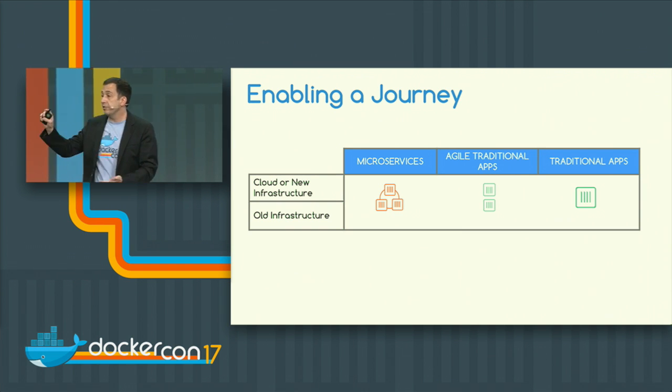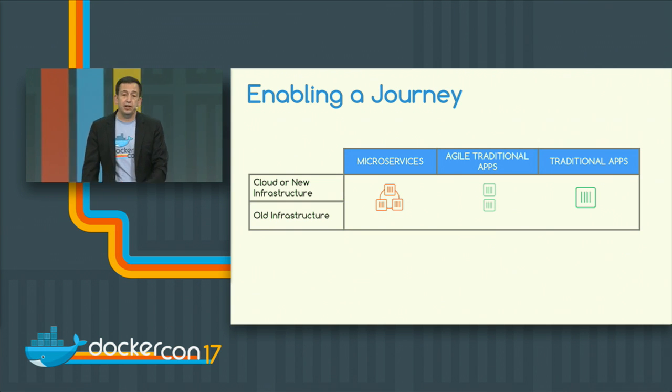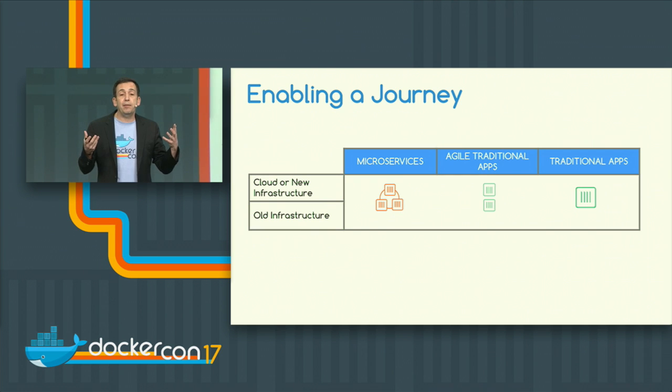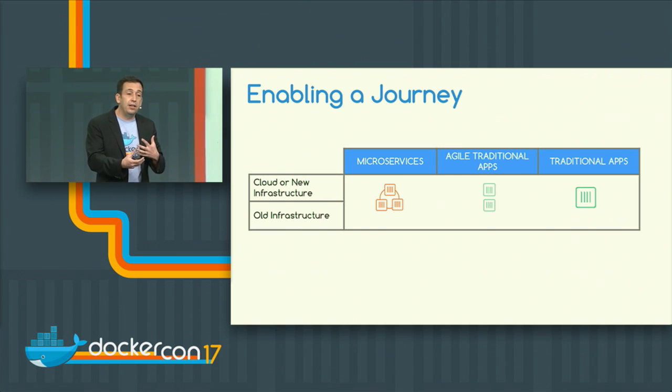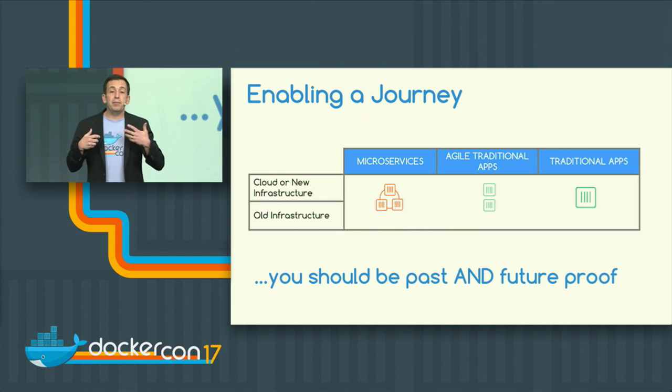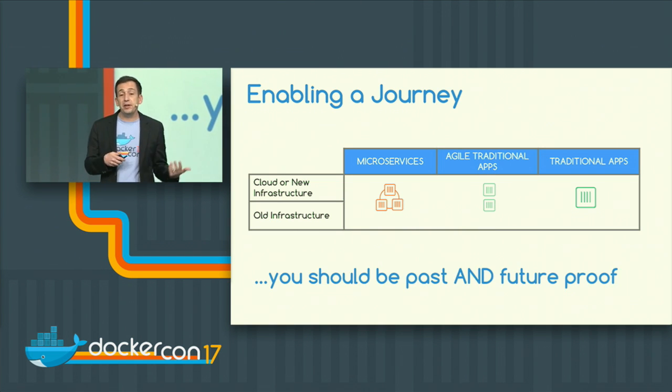Let's see if we can pull that out as its own container. Or a session layer. Let's see if we can pull that out as a common container. And so gradually, those monolithic applications, in an organic way, they don't get rewritten from scratch, but they get broken down organically into smaller and smaller pieces. And that's very exciting for us, because that means that Docker is not just something that makes you future-proof, it's actually something that makes you past-proof.